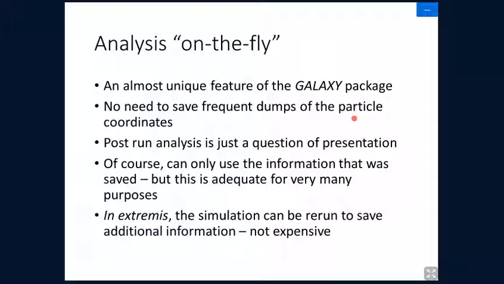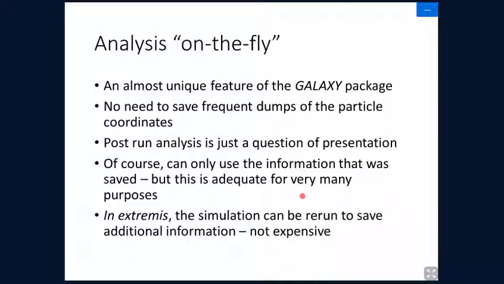Of course, that means you can only use the information that was saved. If you forget to save something, then of course it is not going to be possible to use that information. So you might need to rerun it to get the information that you forgot to extract, or you might need to try to determine something new from the distribution of particles.